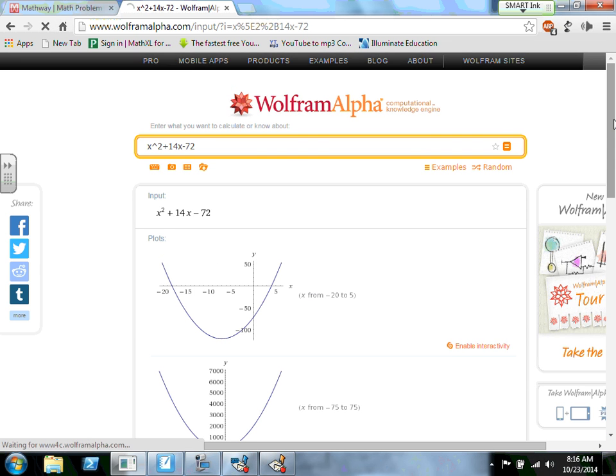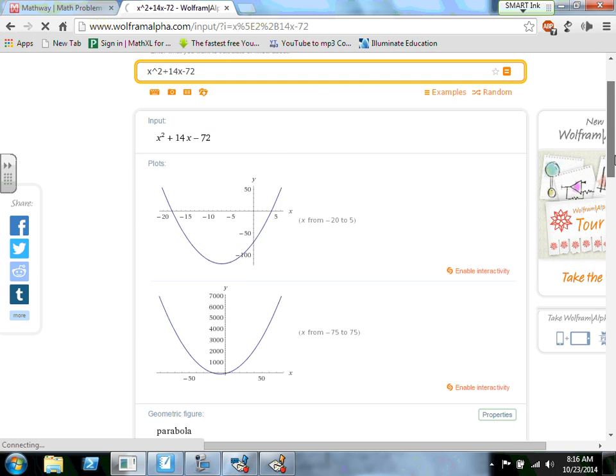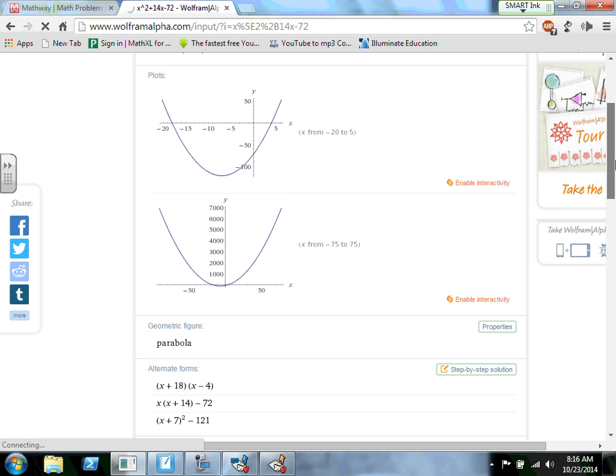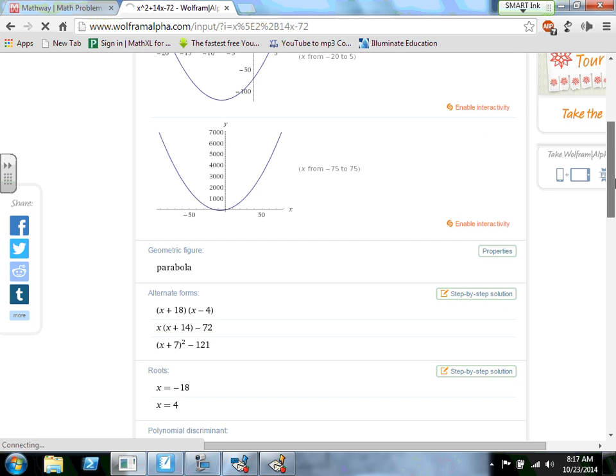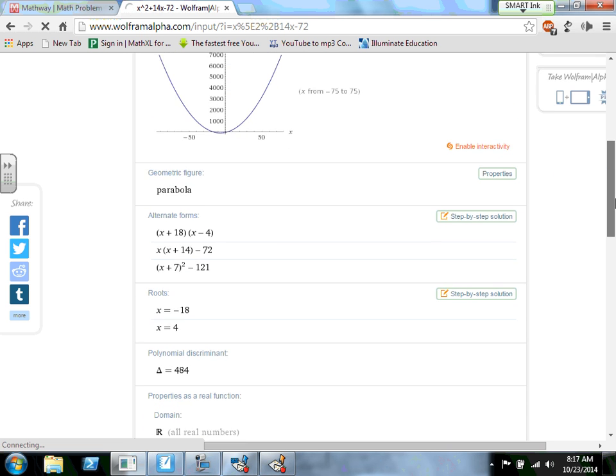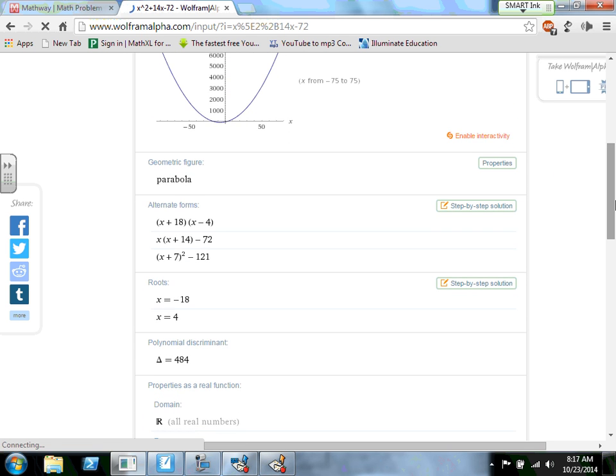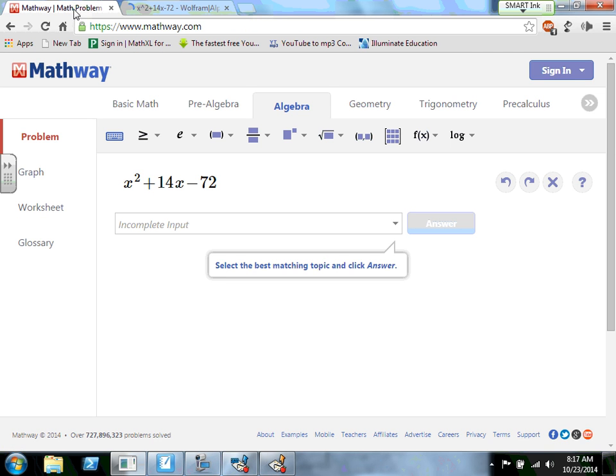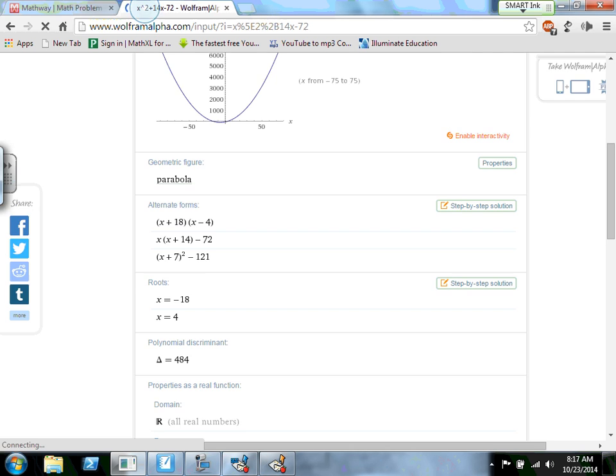Oh my gosh, it's graphing the related function. It's breaking it down into its factorization. It put it in vertex form for me. Whoa, look at that. That's way better than Wolfram or way better than Mathway. Go back. It says those are the roots, and we're going to talk about that pretty soon.